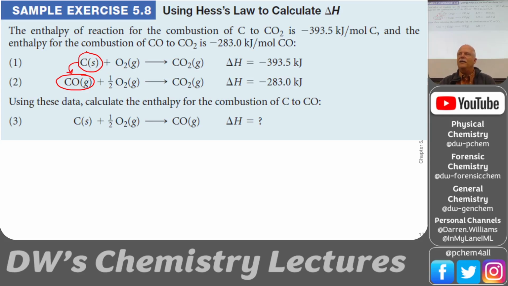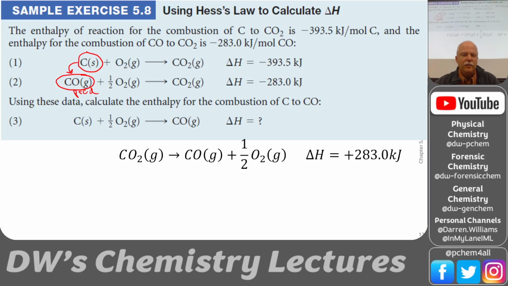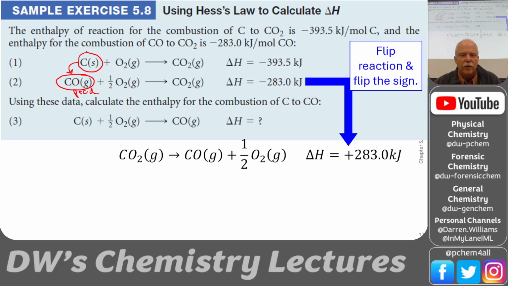But yet they're both reactants. All I need to know is that I've got to have carbon in one reaction and carbon monoxide in the other reaction, and I can flip one and make this one a product. So I'm going to leave the first one, and flip the second reaction so that carbon monoxide is a product.